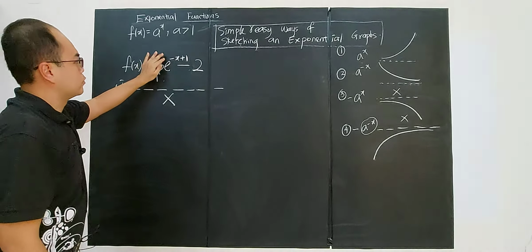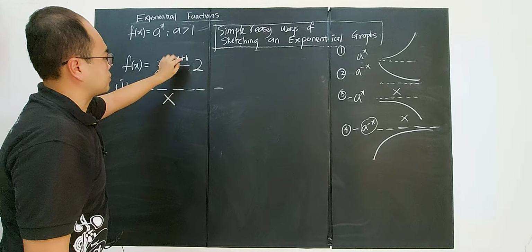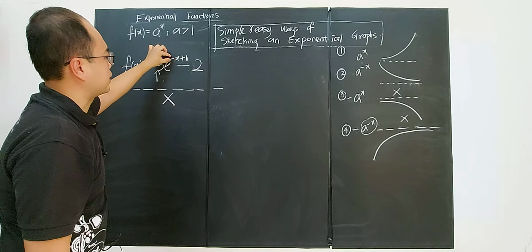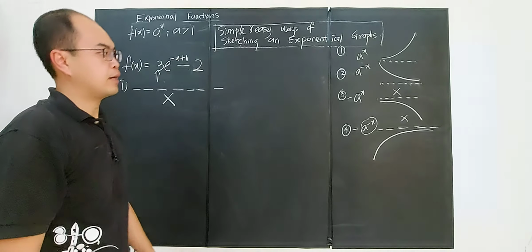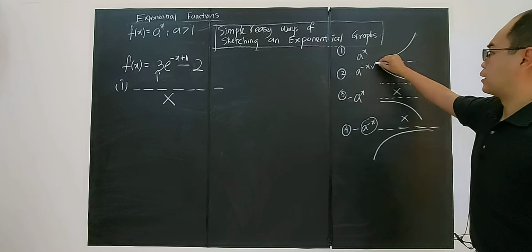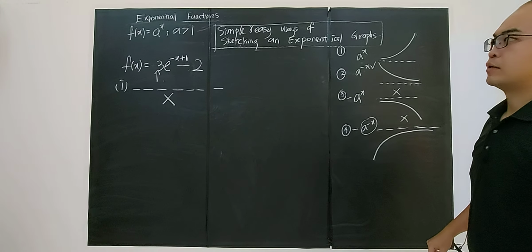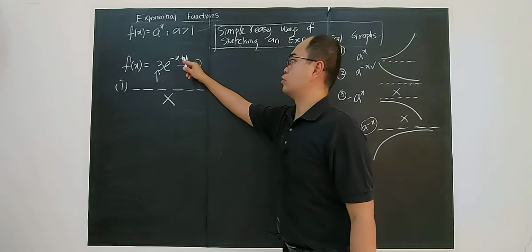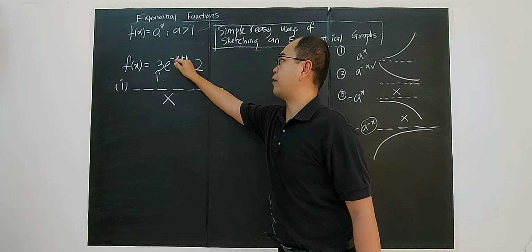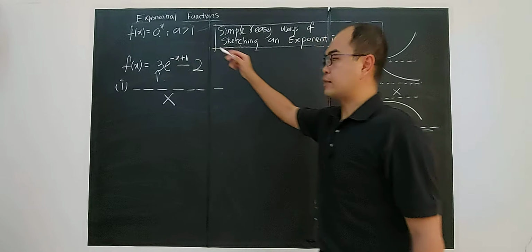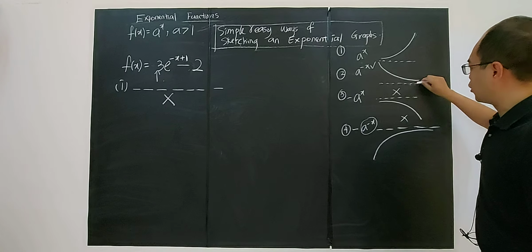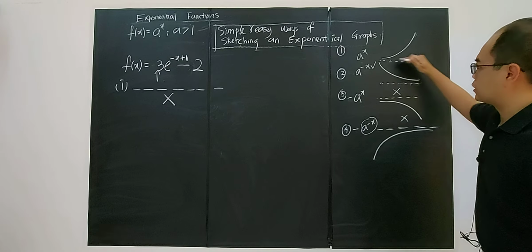And secondly, we look at the power here, the negative x. Don't care about the positive one here. We look at the negative x here, which tells you this shape, all right? So negative x plus 2, as long as negative 2x plus 5, anything like negative half x plus 6, as long as in front of x there is a negative, the graph will be on top of the horizontal asymptote, right?